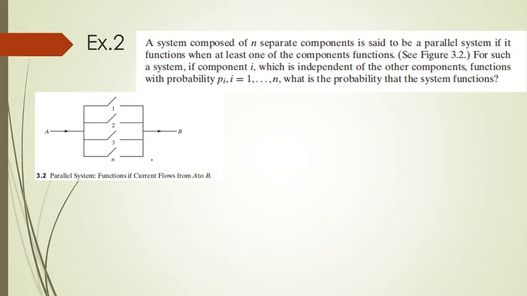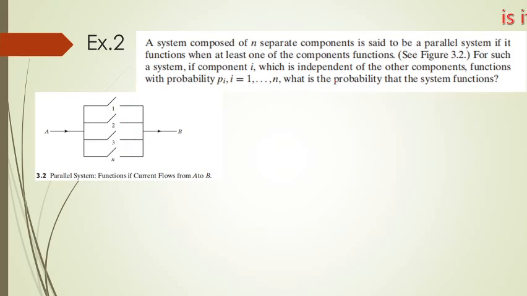For such a system, if component i, which is independent of the other components, functions with probability pi. So each component i, the probability when it works is pi. When it fails, then it's 1 minus pi. What is the probability that the system functions?